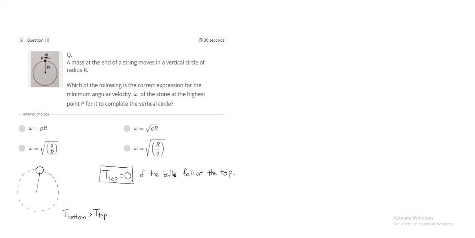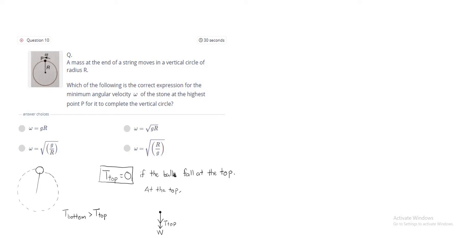As usual, chapter 6, let's start with a free body diagram. The free body diagram at the top will have the weight of the ball and the tension at the top.